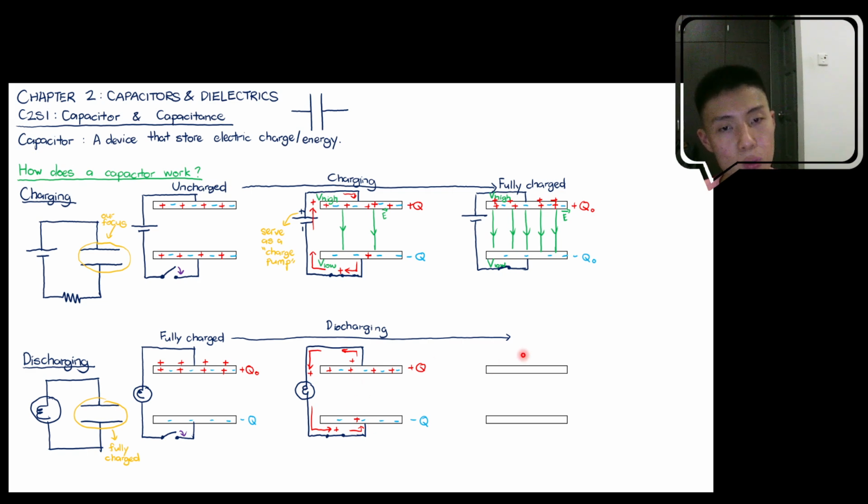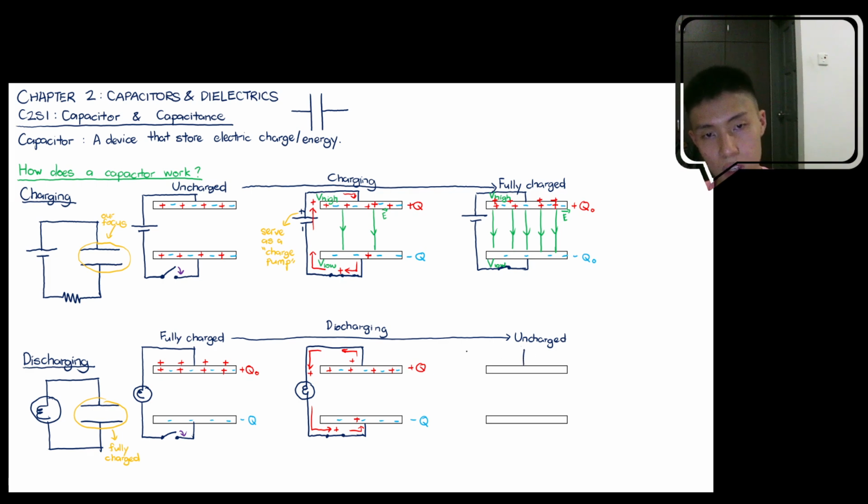So positive charge will be exiting this plate, going back down to this plate over here. So when all the positive charges that were accumulated get back down to the lower plate, then there's no more charge being stored, right? So at the end of the discharging journey, you see your capacitor right now goes back to being uncharged.